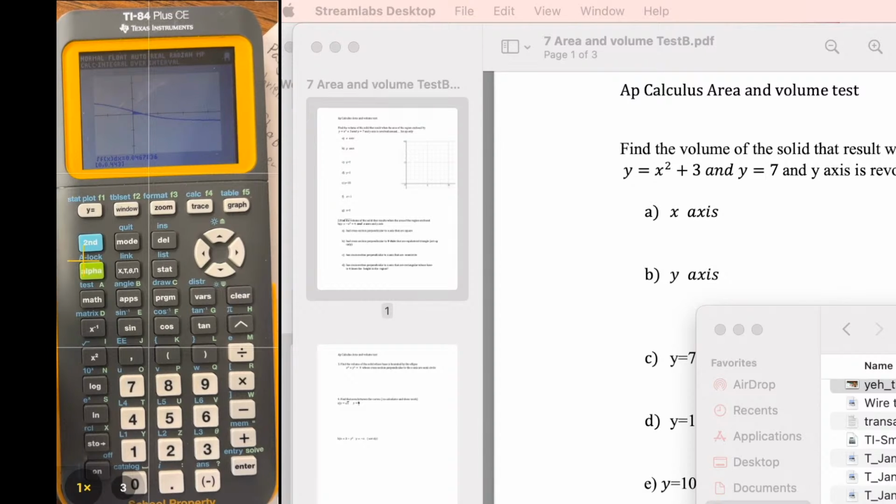Okay, questions? Okay, this is the next two parts. Let me know if you have any questions. Just write down whatever is in the bubbles.